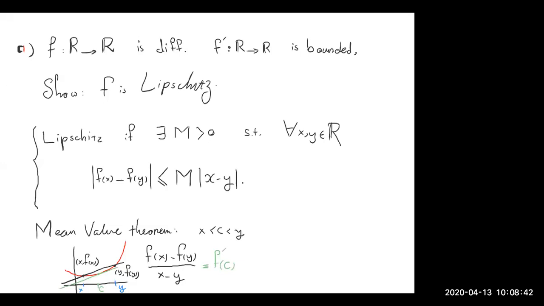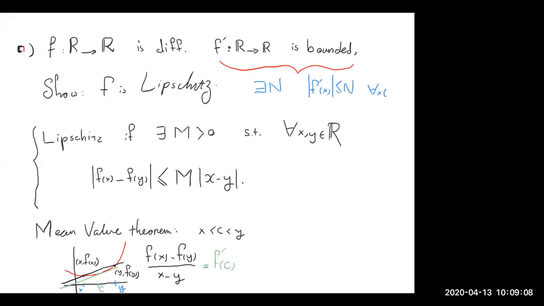Now, on the other hand, we know the derivative is bounded. Derivative being bounded means there exists a number n where the absolute value of f prime of x is less than or equal to n for any point x.